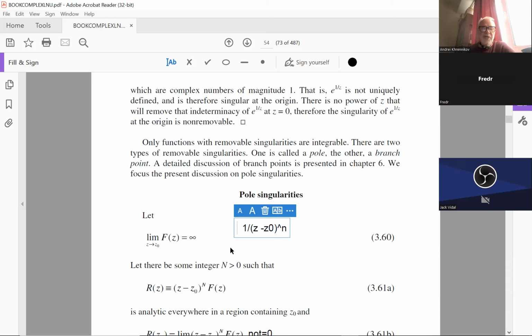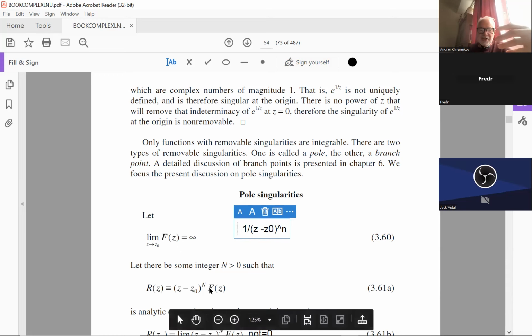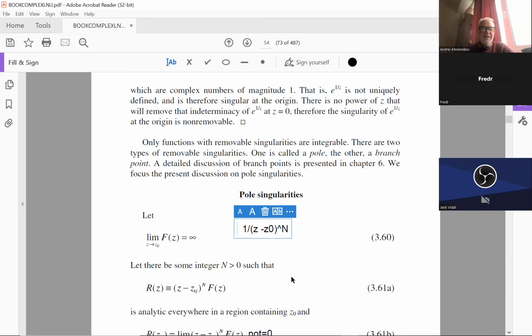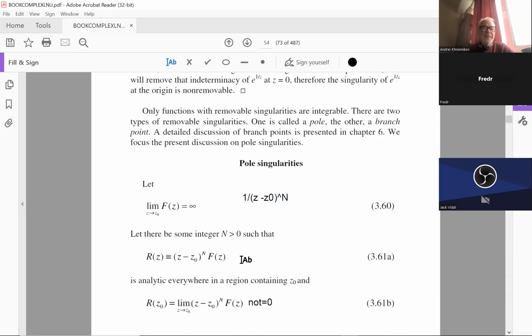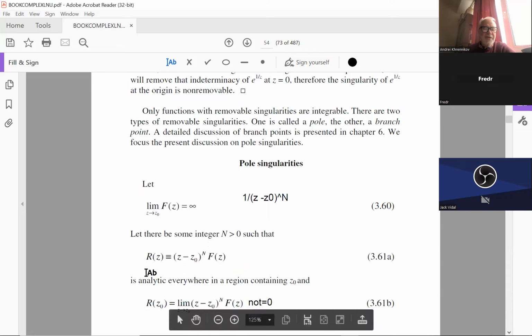So this function, of course, goes to infinity at this point, but we suspect, and it is clear, that if you multiply it by z minus z0, let n be large to make the notations consistent, consider this function.